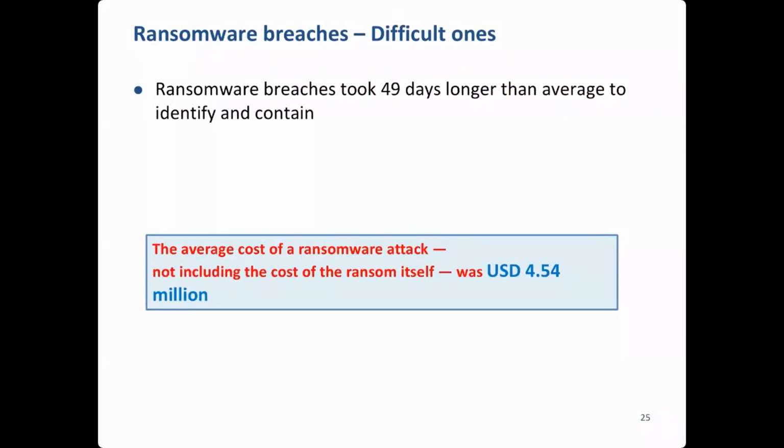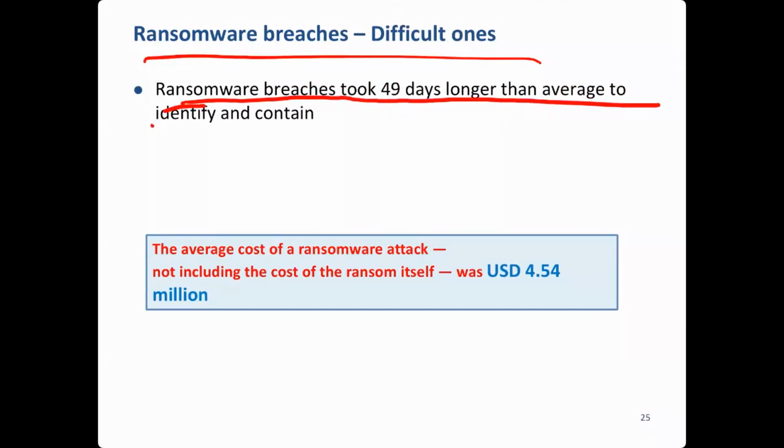And so ransomware breaches are difficult ones. Ransomware breaches don't happen immediately. Cyber criminals will take time to get into different parts of the system and then decide what is to be done. So it takes about 40 days. For the organization also it takes a lot of time, about 49 days to identify and contain, right?